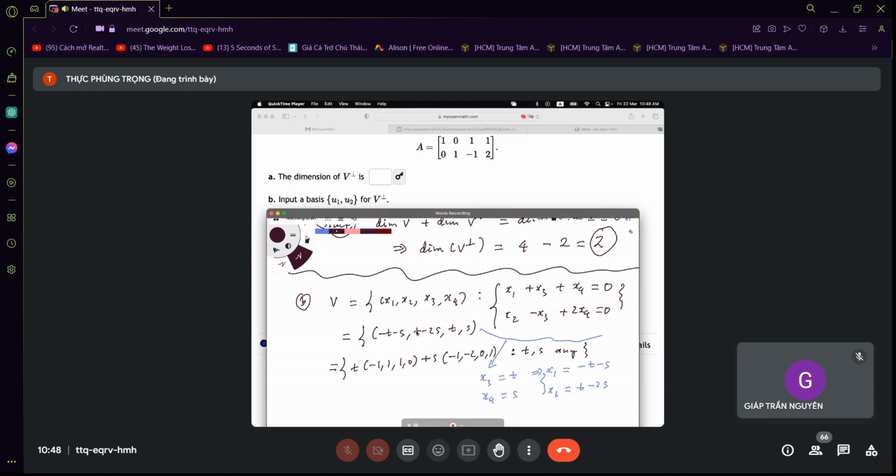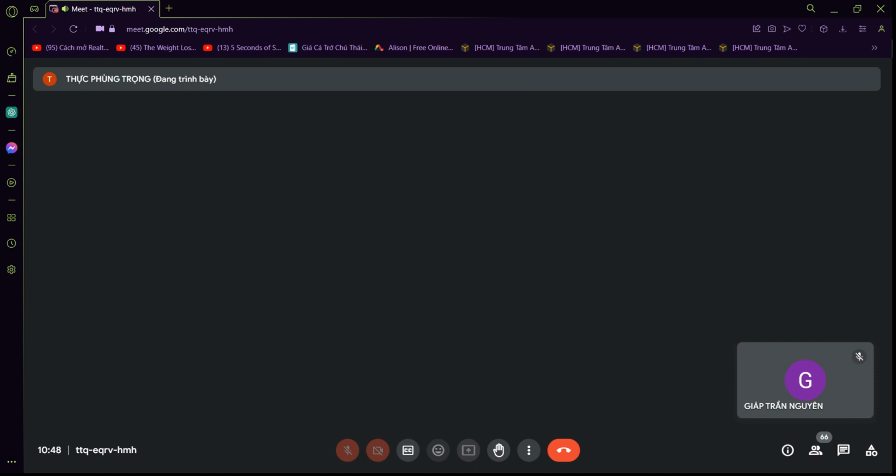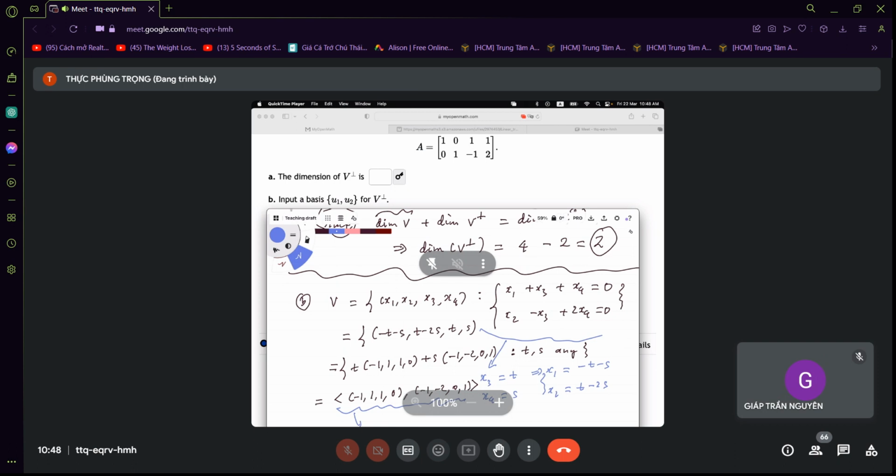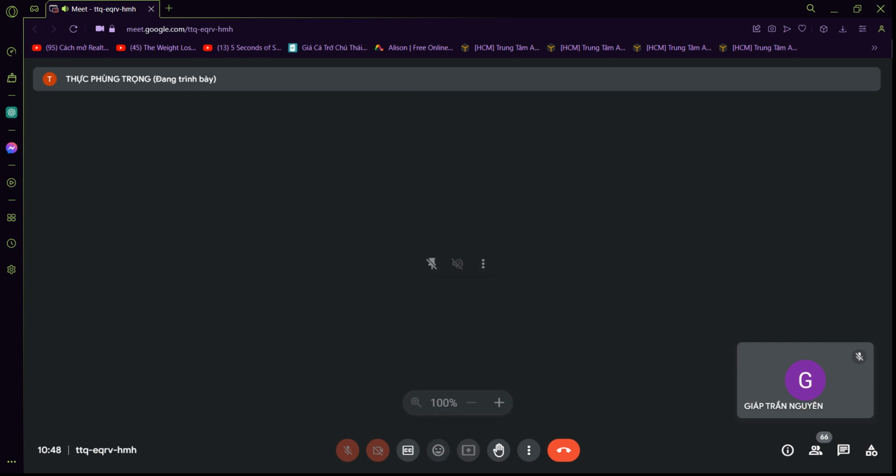And then we had S right here, we had negative 1, negative 2, 0, 1. So they are the same, but now you can see a basis for V. So what we get right here is a basis for V.